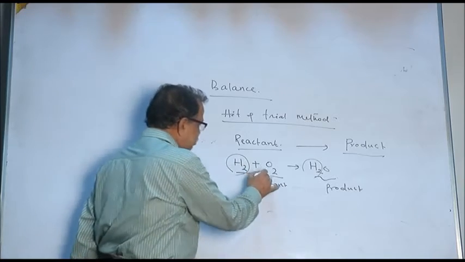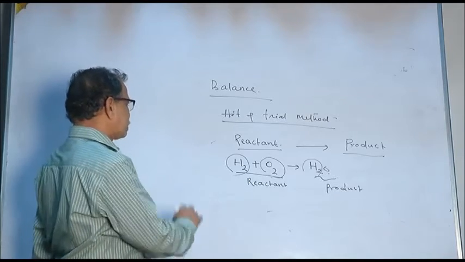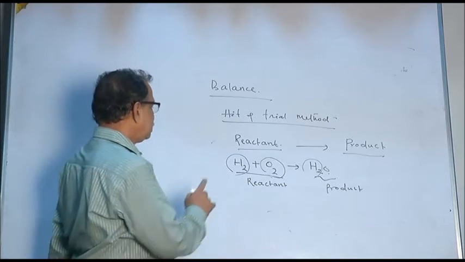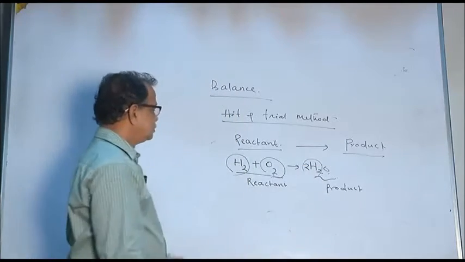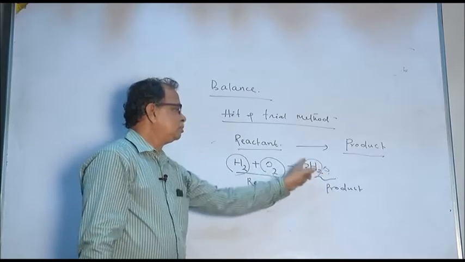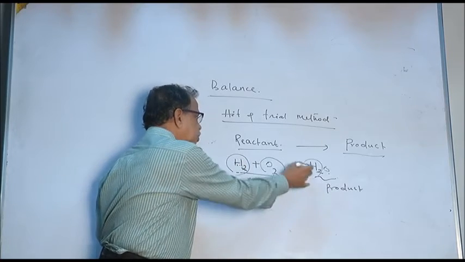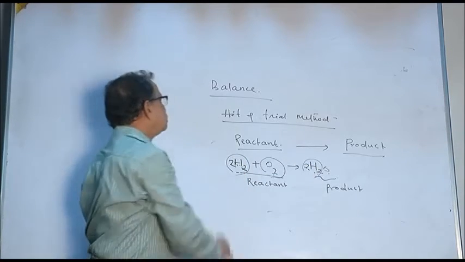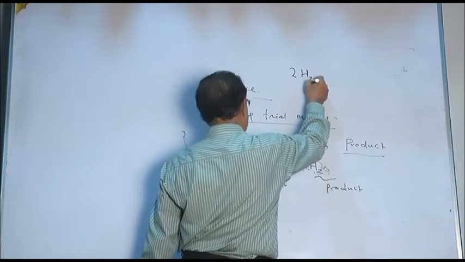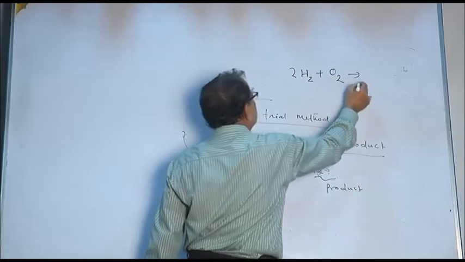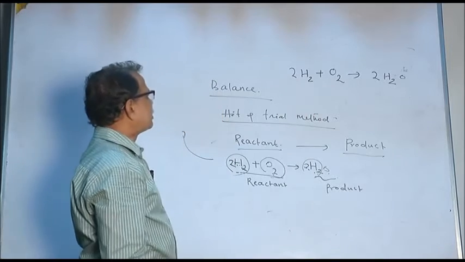Here there are 2 oxygen atoms, and here 1 oxygen atom, so it is not balanced. To balance, we try 2 in front of H2O. Oxygen is balanced, 2 O and 2 O, but hydrogen is now 2 into 2, 4 H, so we make H2 become 2. So the balanced equation is 2H2 plus O2 is equal to 2H2O. This method is called hit and trial method.